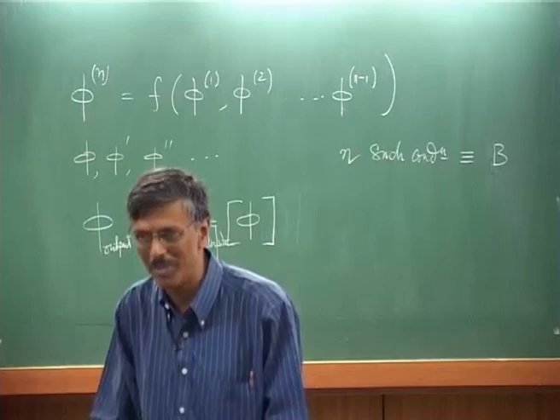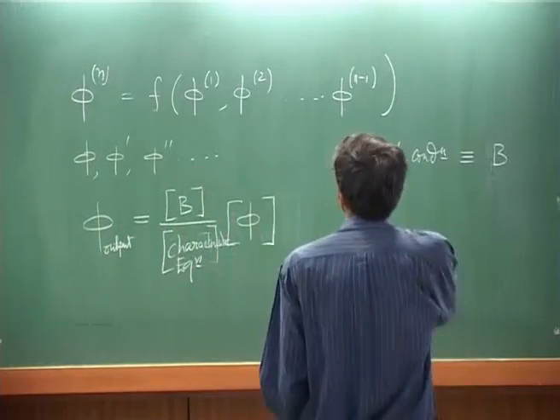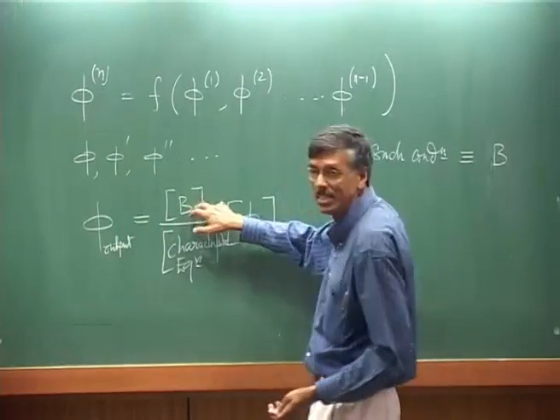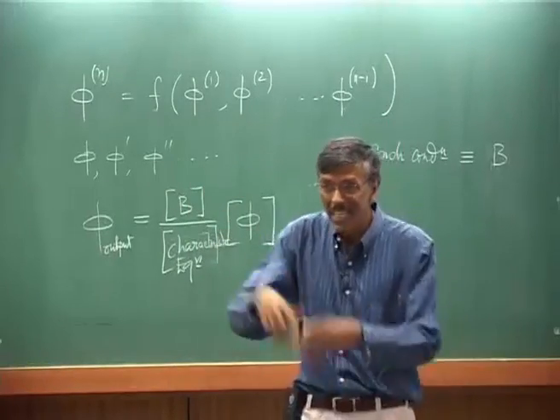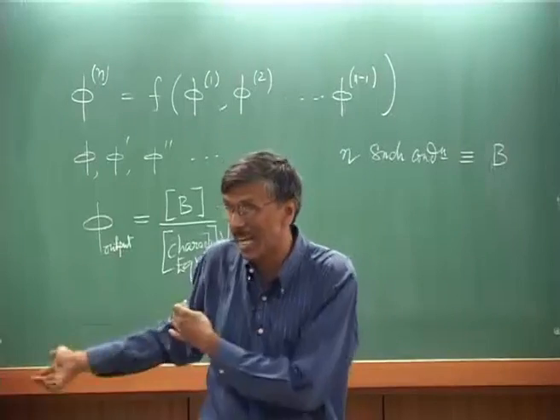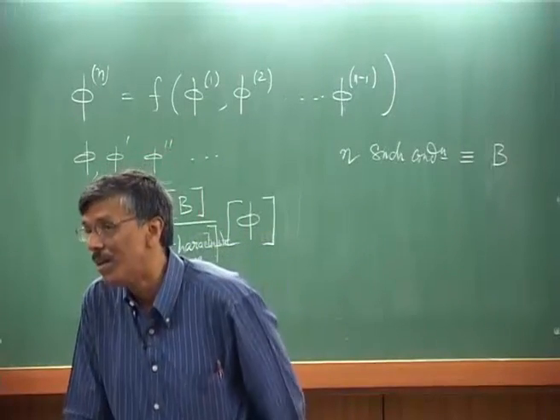It is an indeterminate form, but it will give you a finite value. So, what it tells you is that even if b goes to 0, this ratio gives you a finite quantity. That is your mathematical answer, that is how you define your eigenvalue problem.